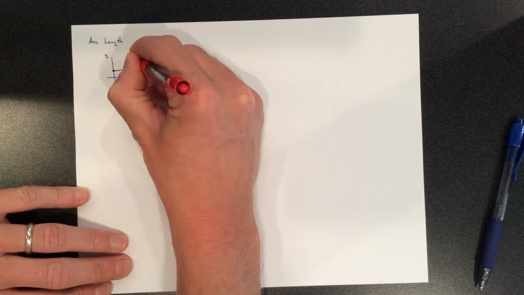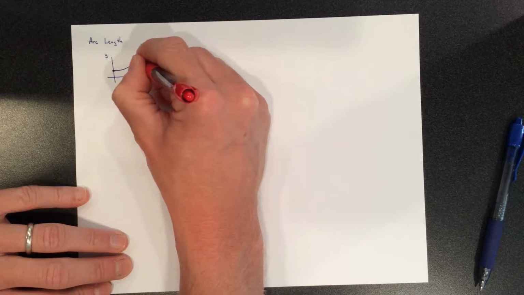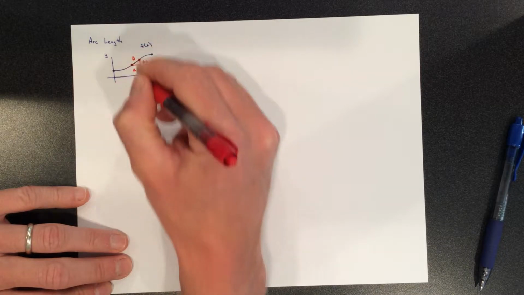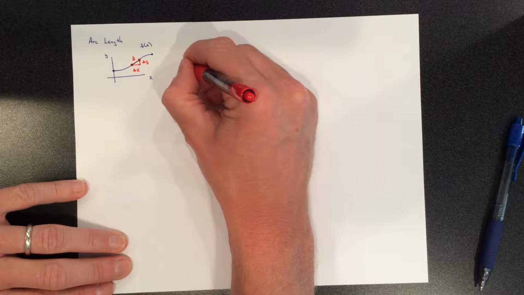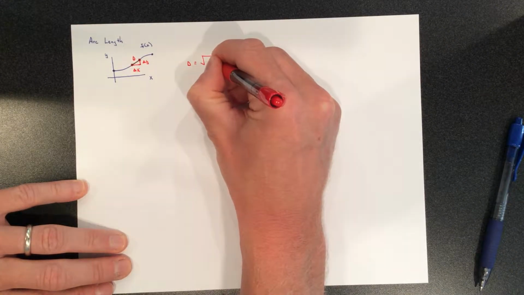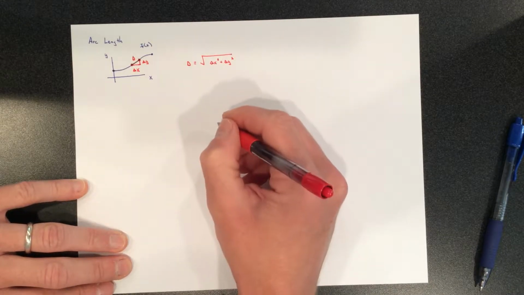Some d. But then this is some distance, and this is some distance. So we'll call that what it is. That's delta y, and that's delta x. Okay, so what's d? Well, d is really easy then. D is just the square root of delta x squared plus delta y squared, right? That's just the Pythagorean theorem.